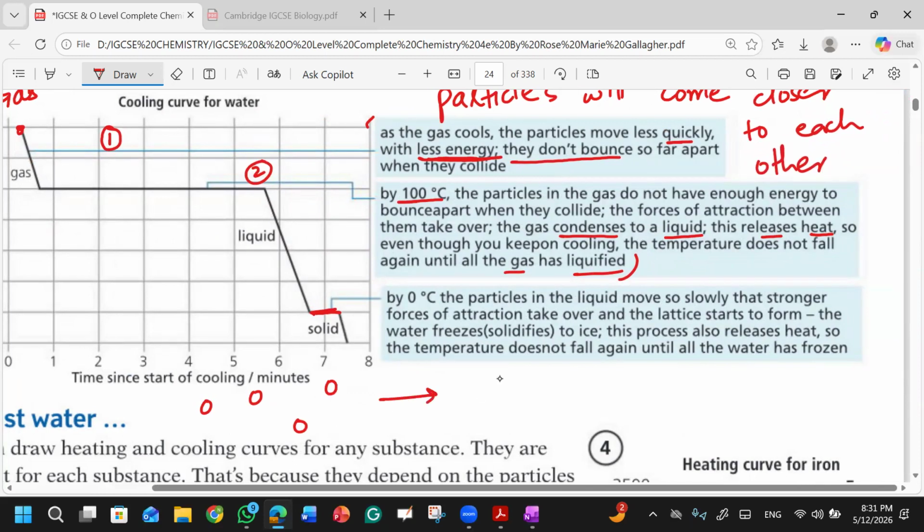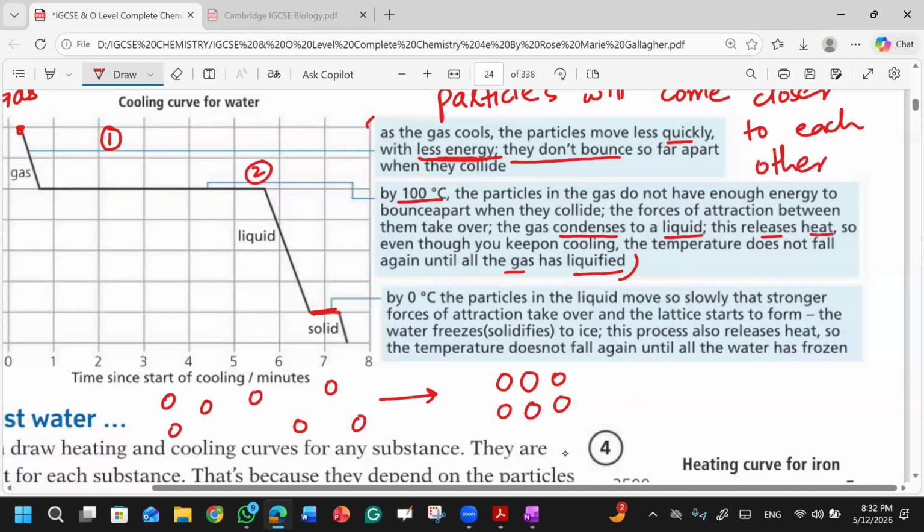Condensation means they will come closer to each other. This is what we call the condensation process. So the gas condenses to liquid, and what happens then? It will release all of the heat energy, because you are cooling it, but then the temperature does not fall.